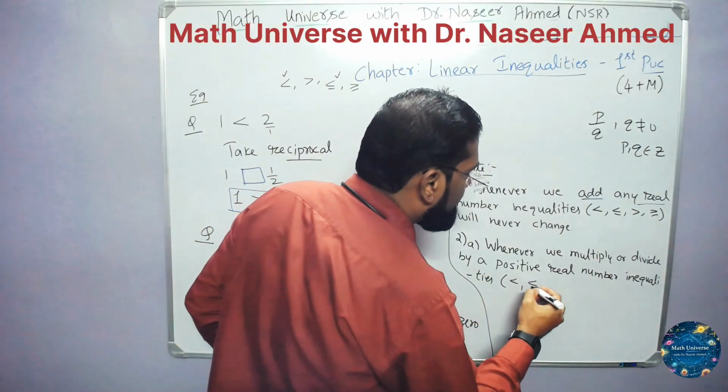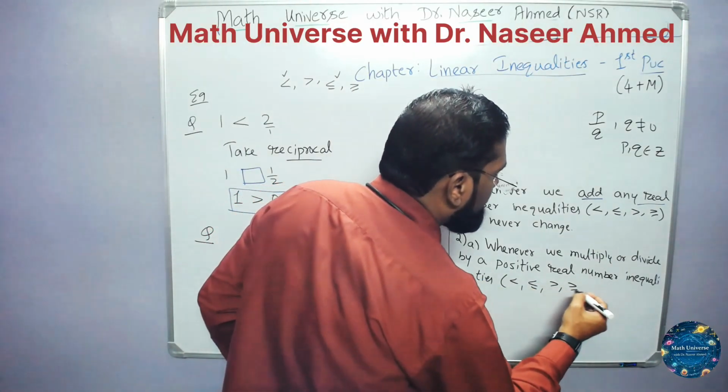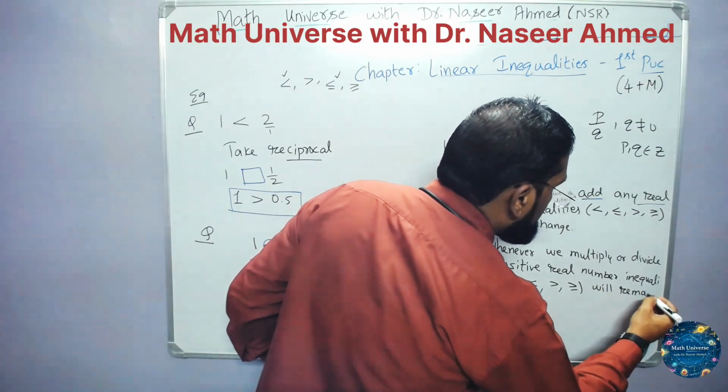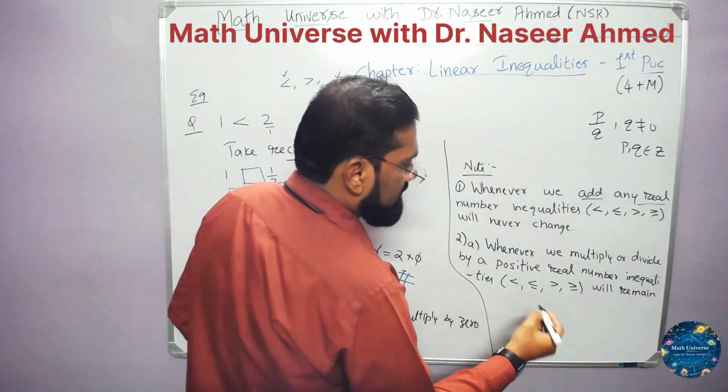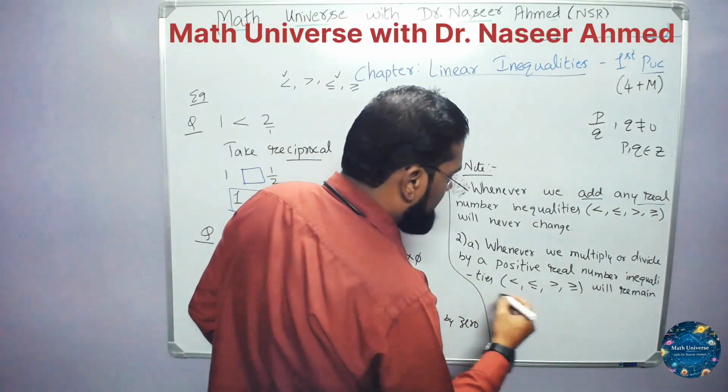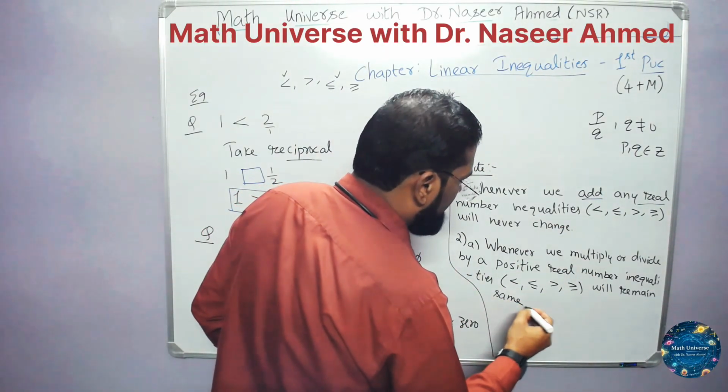Less than, less or equal to, greater than, greater or equal to, will remain the same, or will never change. Okay, will remain same. Anyway, I have just given another way of saying.